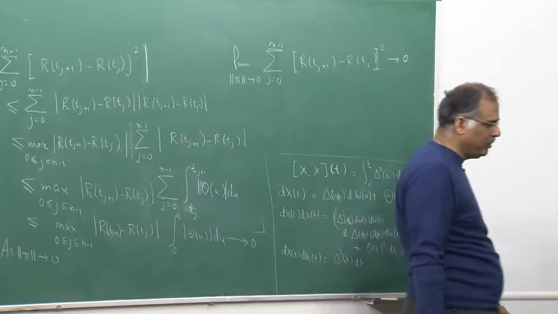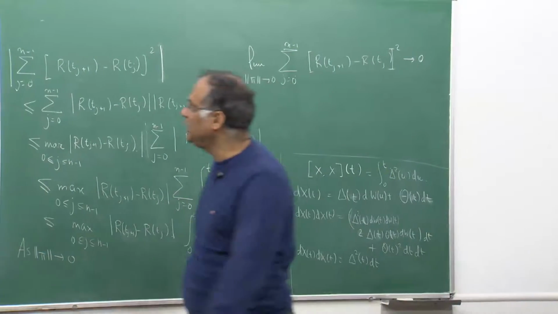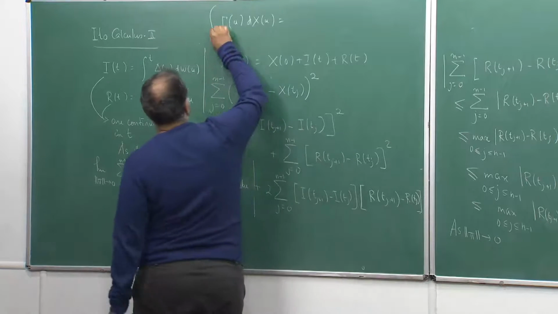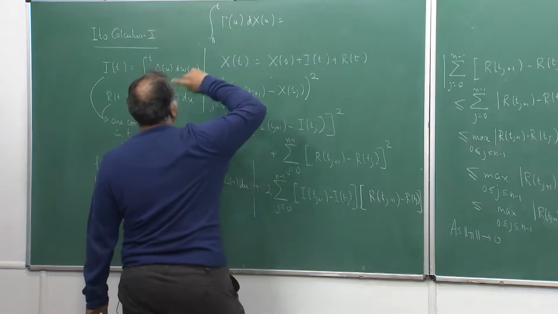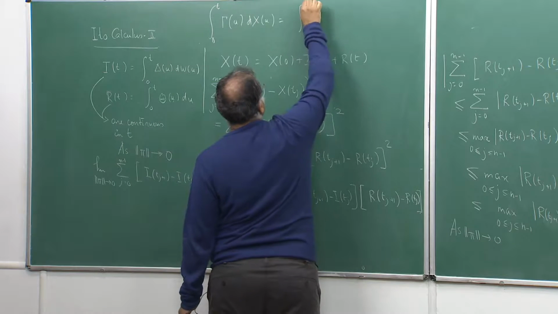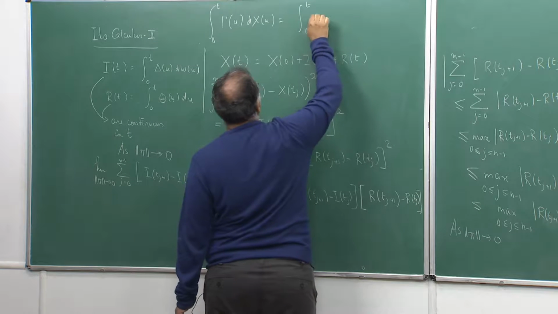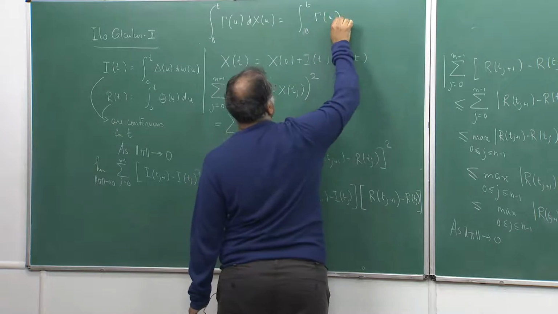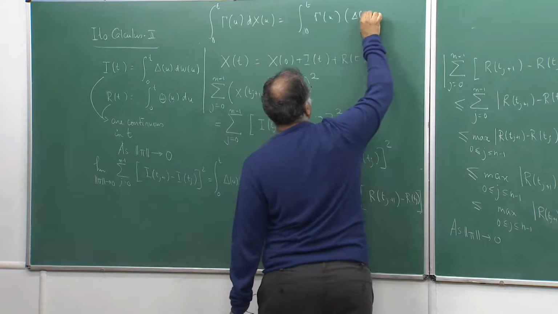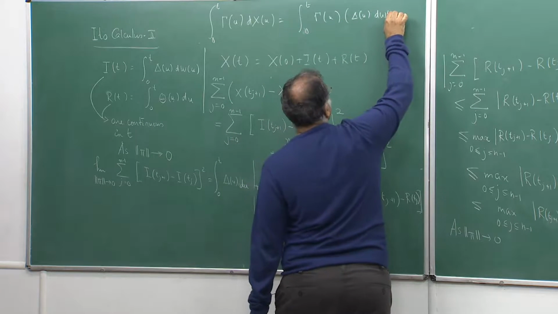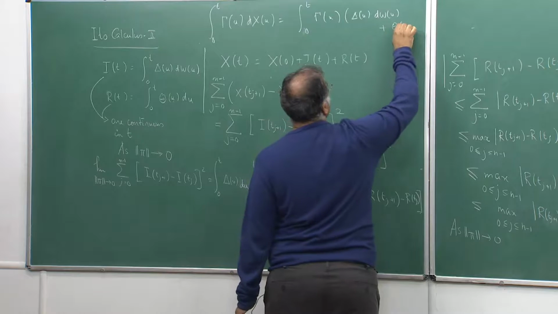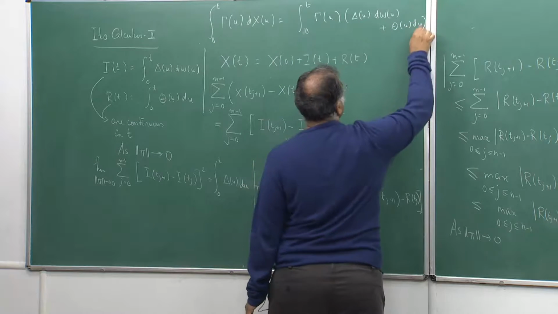This simply means, instead of dXu, say 0 to t, you know what dXu is, it is gamma u delta u dWu plus theta u du, that is it.